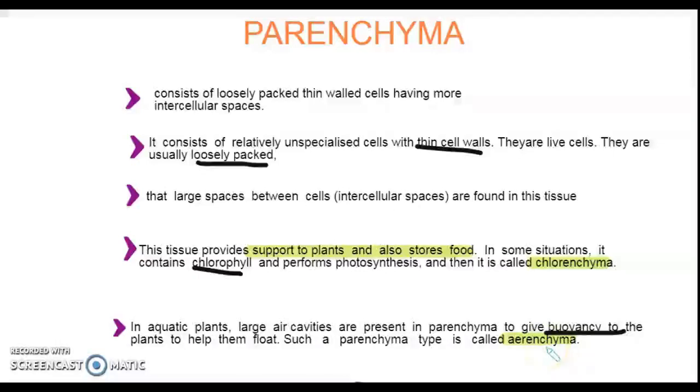Buoyancy effect means the tendency to float over water. So, the aquatic plants float because their leaves have air cavity. The parenchyma cell which has air cavity and is present in aquatic plants is known as aerenchyma.